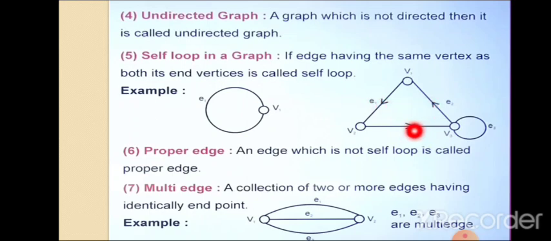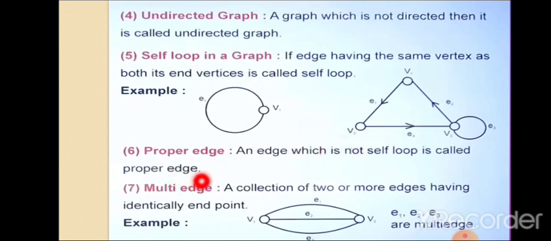But the edge E1 starts from vertex V3 and ends on vertex V3. So this is called a self loop in a graph. Sixth one is proper edge. An edge which is not a self loop is called a proper edge. Like in this example, E1, E2 and E4 are proper edges.